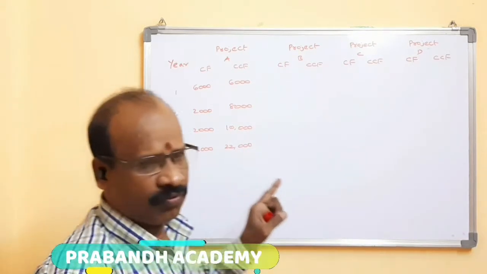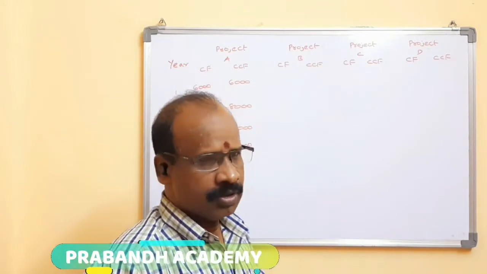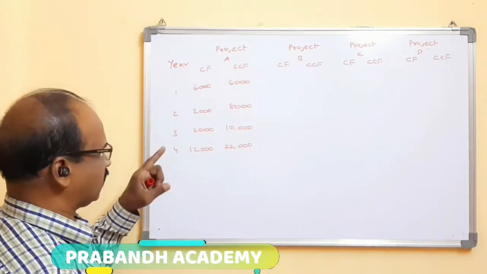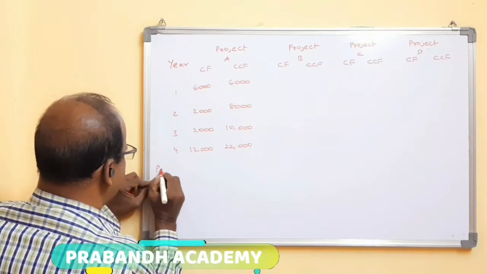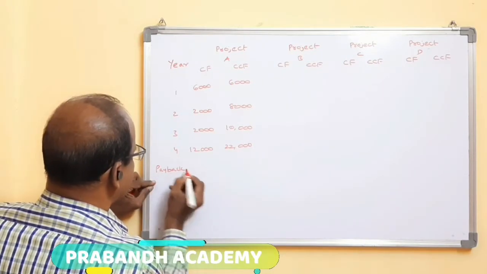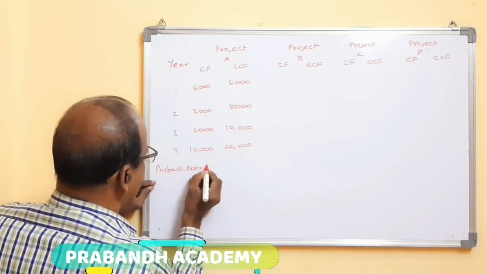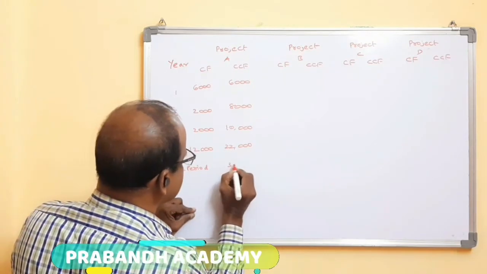So in this problem, investment is 10,000. We can say payback period for project A is 3 years.